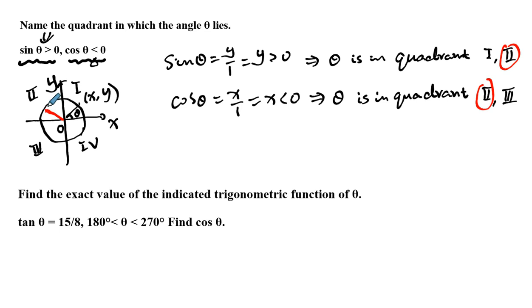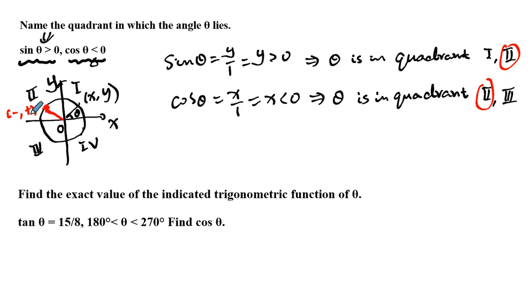In the second quadrant, if we have (x, y) here, then x is negative and y is positive.